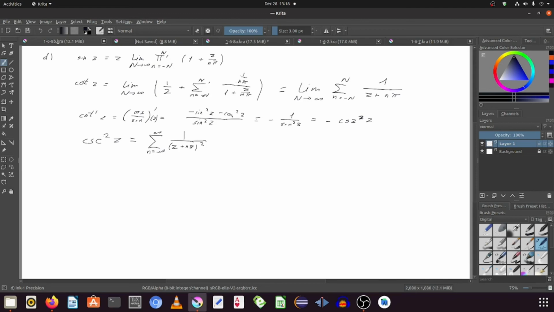So we are now at E, and that was the definition on page 16, formula 4.1.